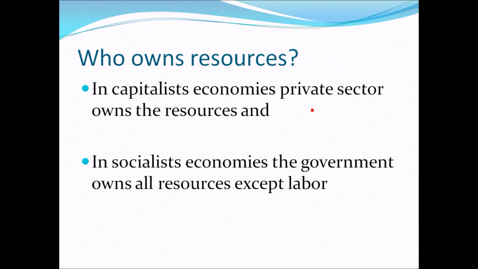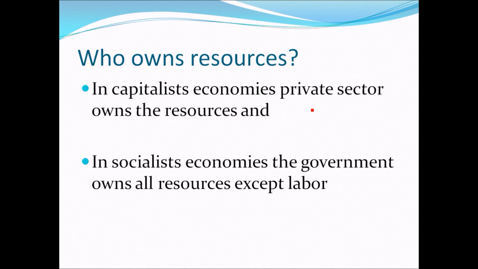In capitalist economic systems, the private sector owns the resources, and in socialist economic systems, the government owns all the resources except labor. So here resources mean the four types of factors of production.